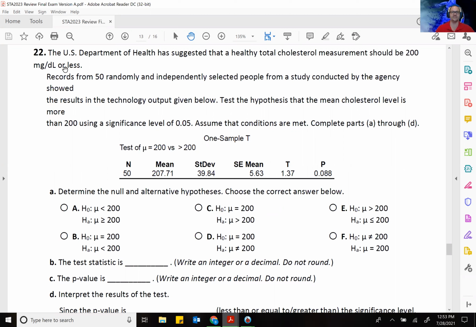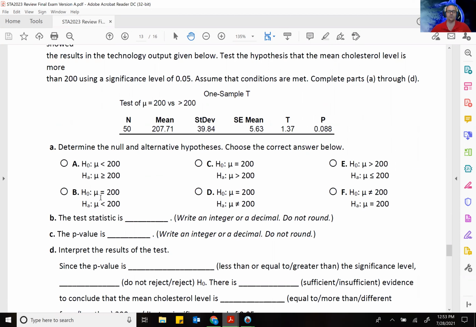That very first sentence is your null hypothesis. And then down below in that third sentence, it says test the hypothesis that the mean cholesterol level is more than. So more than means greater than. So it is C. Good. All right, based on the information it gave you, what is the test statistic? It says round or write an integer or decimal. Do not round.